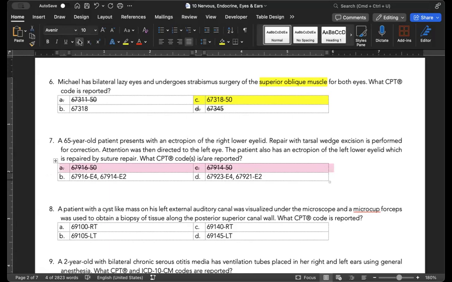If you can't remember which one is which, on the inside of your front cover of the book, E1 is upper left, E2 is lower left, E3 is upper right, E4 is lower right. So when we're talking about eyelids, not the eyes, we should use the E modifiers. Okay, now let's go look at the 67916 first.